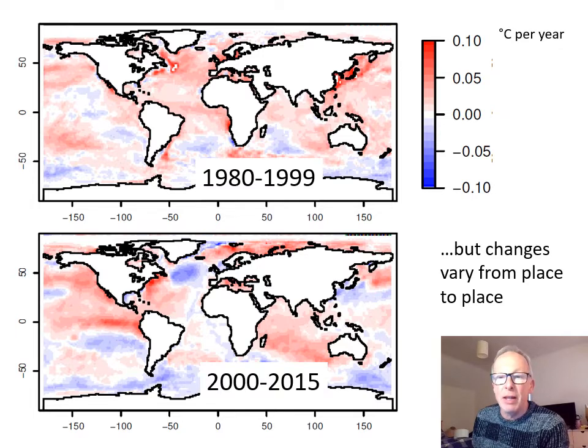Changes and trends vary from place to place, and this is quite important in understanding and explaining why not all the changes we see in the ocean are consistent with a steady, uniform increase in temperature.